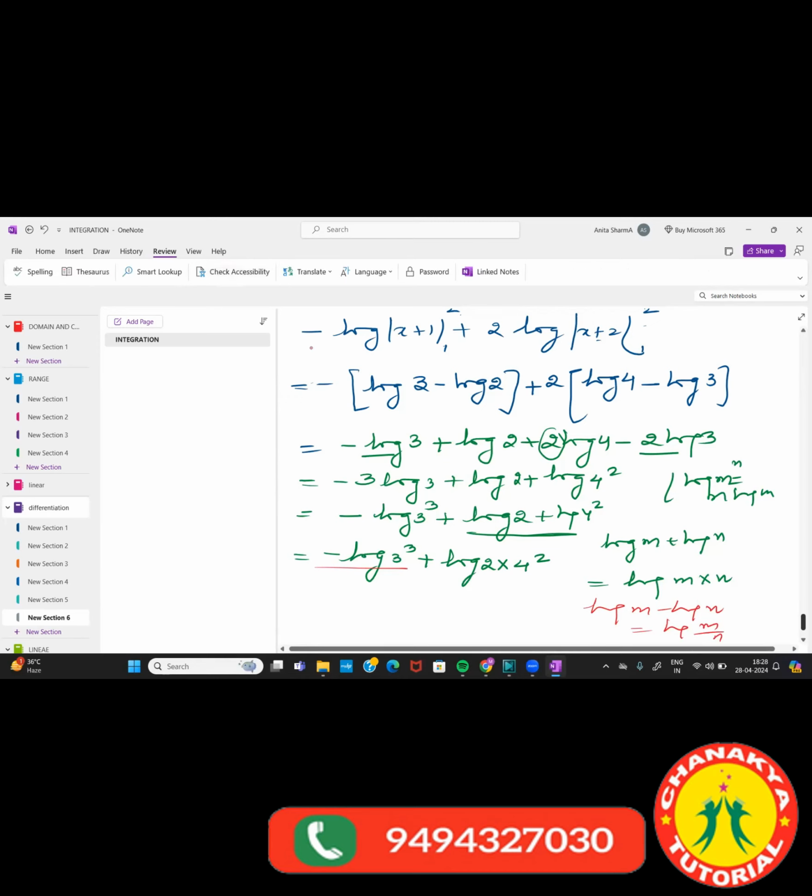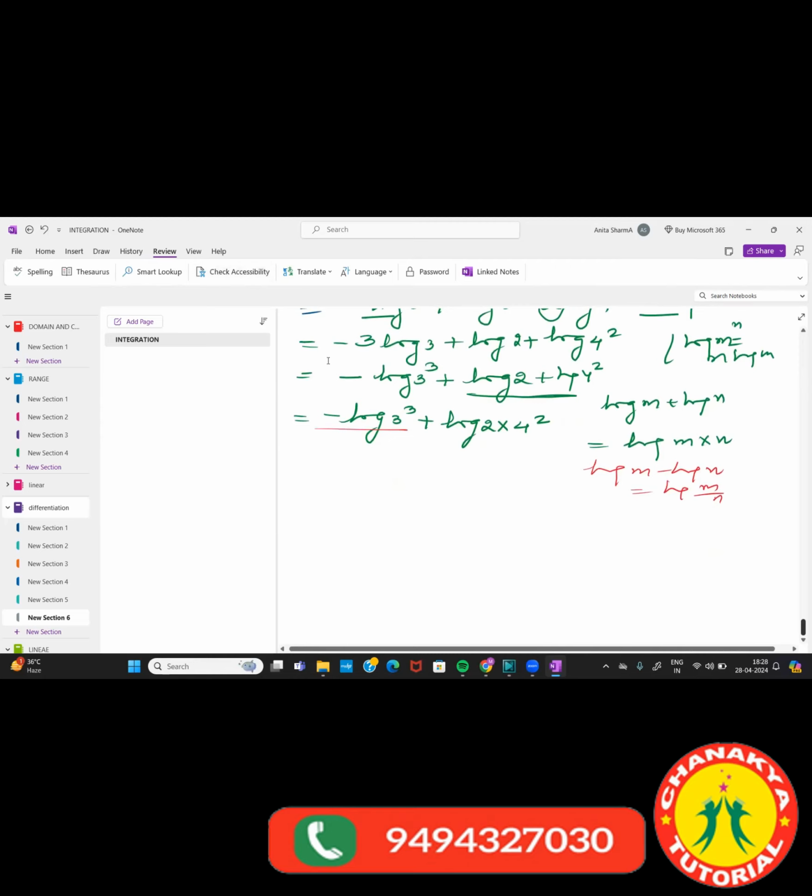Right? Yes, ma'am. So it will be log of 2 into 4 square upon 3 raised to the power 3. Then it will be log of 2 into 4 square, which is 32, divided by 27. So the answer will be log 32 upon 27. This is the answer. Clear?